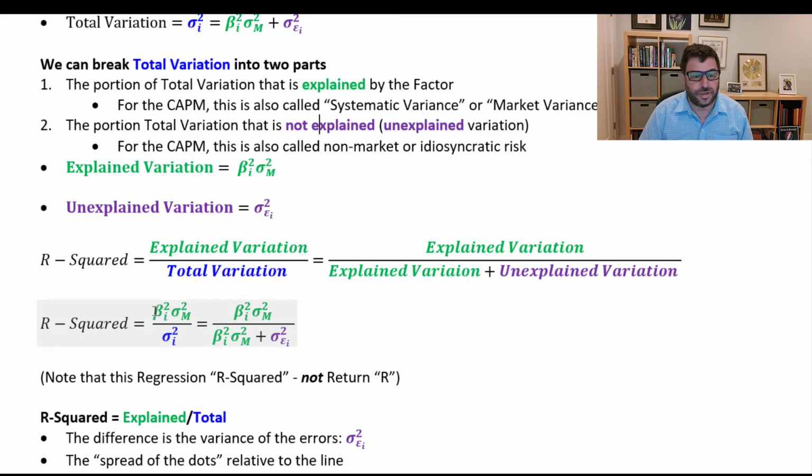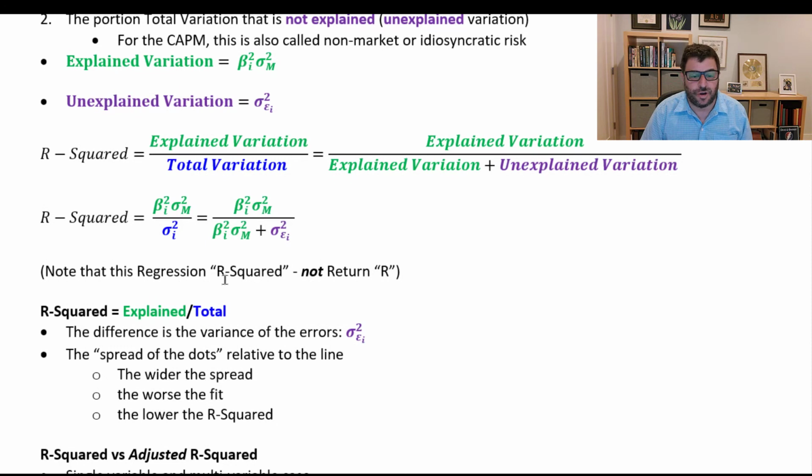R squared is explained variation divided by total variation, and total variation is explained plus unexplained. So I can see that if there's a lot of variation in these error terms, then R squared is low. And if there's not a lot of variation in the error terms, then R squared is high. Mathematically, R squared is a function of how much variation there is in the error terms.